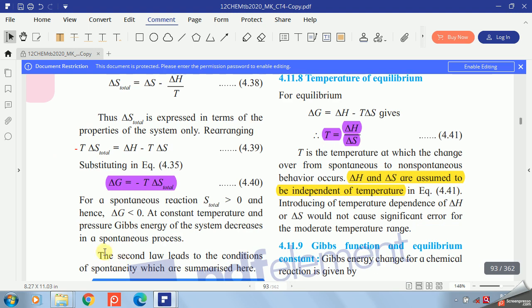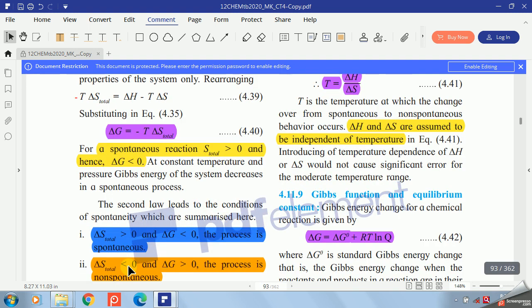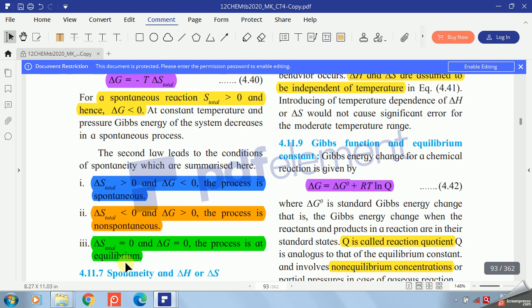So for a spontaneous reaction, delta S total is greater than 0, but delta G is less than 0 at a constant temperature and pressure. This is the condition for spontaneity.